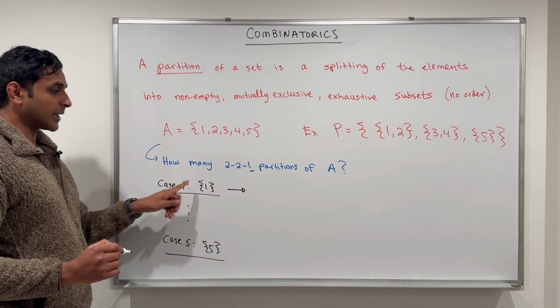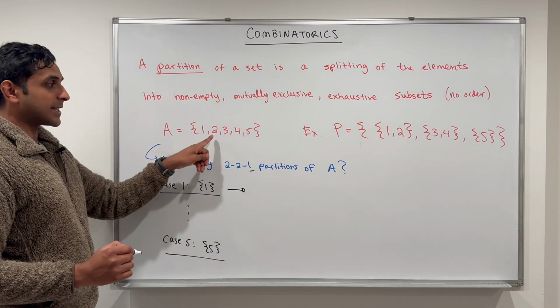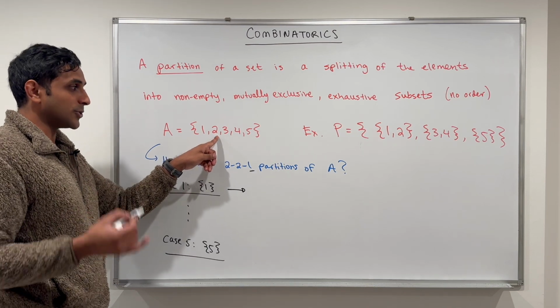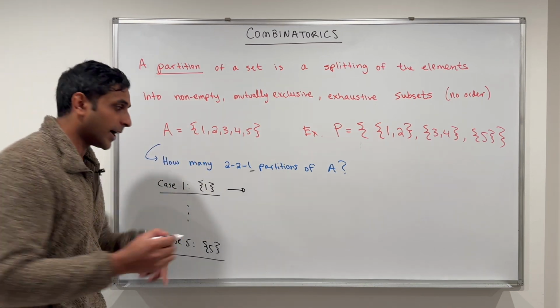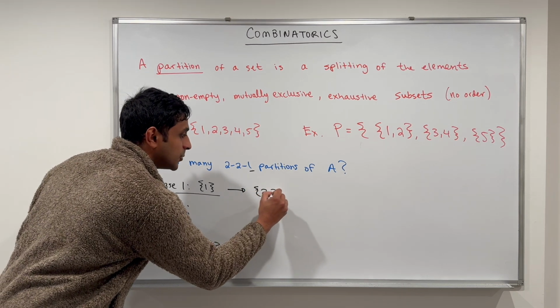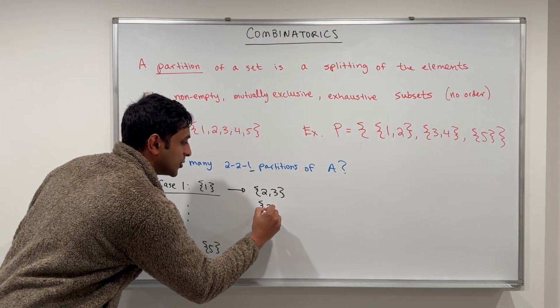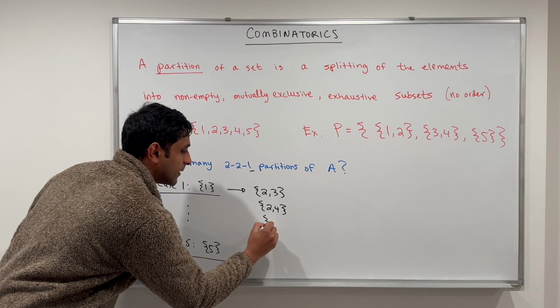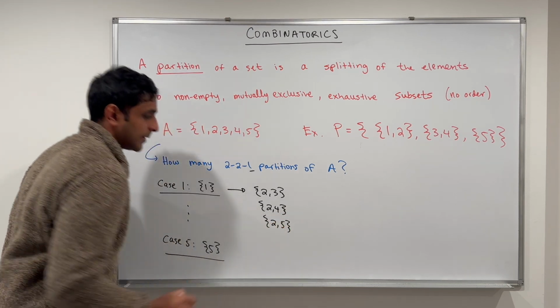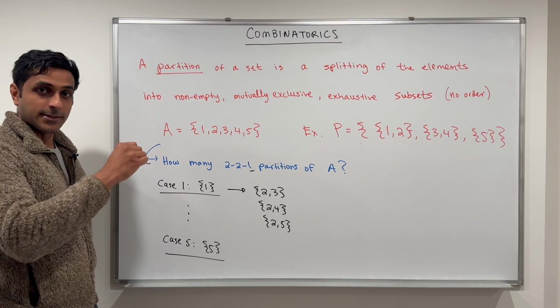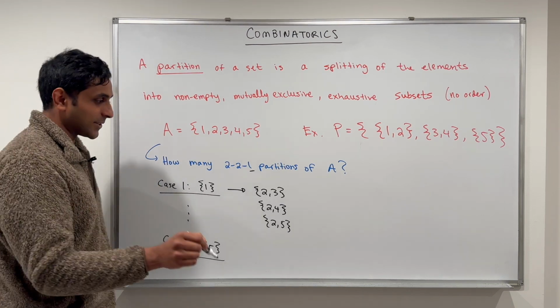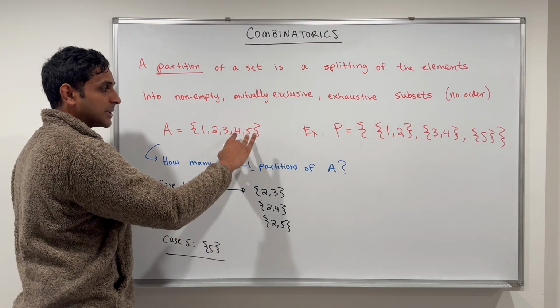If you're in case 1, that means 1 is on its own, which means that 2 is not on its own, which means that 2 has to be with either 3, 4, or 5. So that means that 2 is either with 3, 2 is with 4, or 2 is with 5. Now let's consider each of these subcases individually. Okay, so if 2 is with 3, well, that means 4 is with 5.